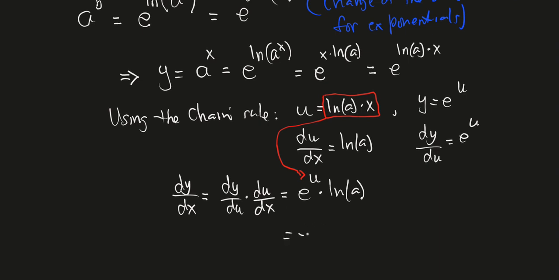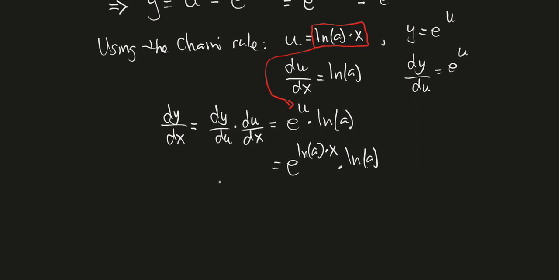So if I have my e to the, again, put the ln of a times x back in the exponent. So we'll have the ln of a times x. But now we have this extra ln of a right here. Well, let's reverse the steps. So let's switch this product around. So we have e to the x times the ln of a times the ln of a. Use the property of logs in reverse and bring the x back up and make it like a to the x.